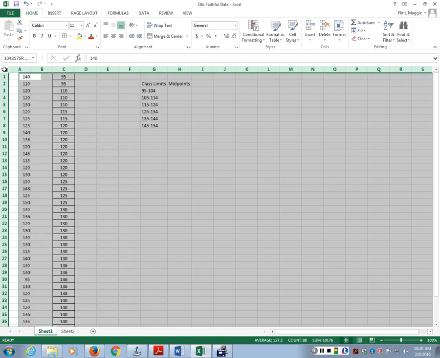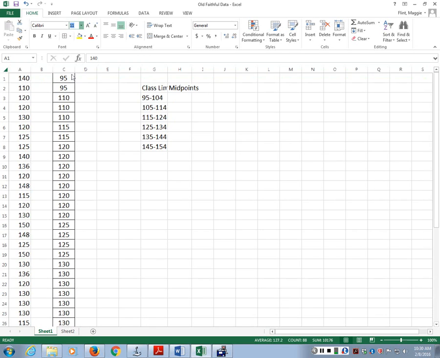So you can see it better, I'm going to increase the font to about 16 so you can see better what I'm doing. How many of these are bigger than 95 but less than 104? It's easy to see, it's the first two. And down here at the bottom it says the count is 2. So it actually counts for me.